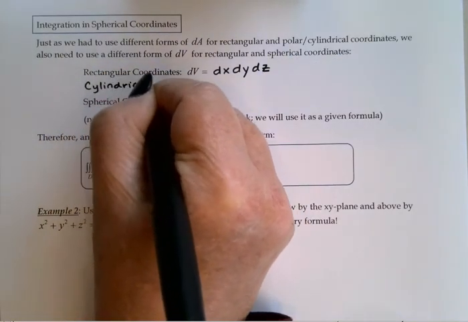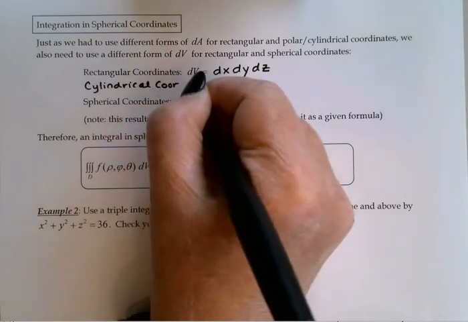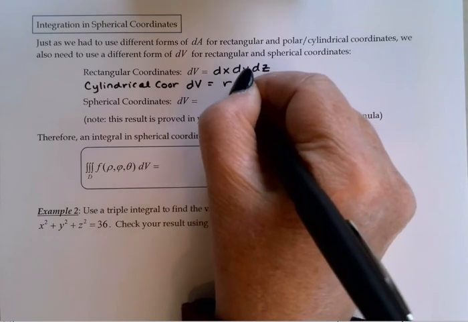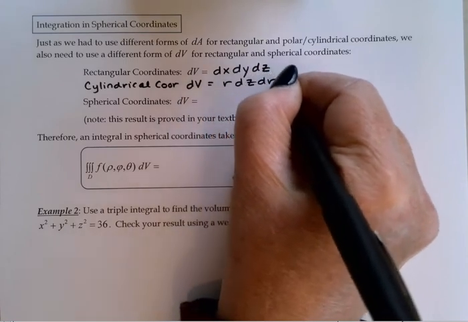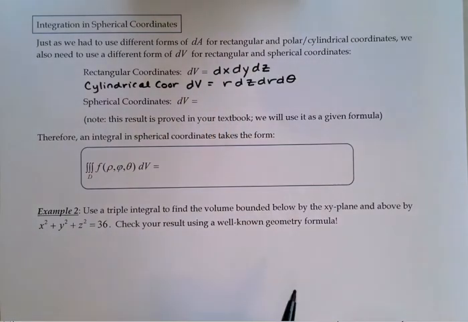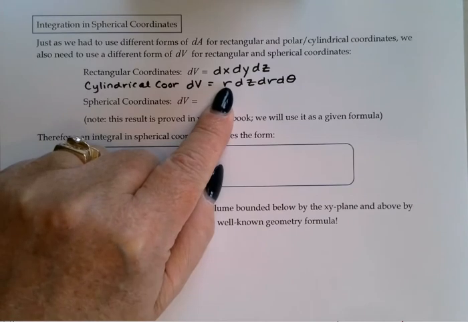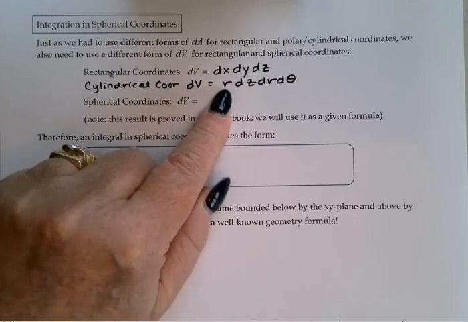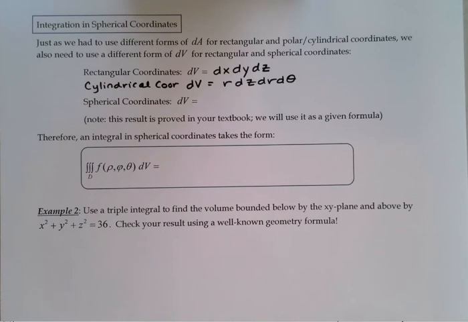For cylindrical coordinates, dV was r, dz, dr, d theta. And we saw that r came from the geometry of the dV. Just like cylindrical coordinates had a little extra piece because of its geometry, spherical coordinates will as well.